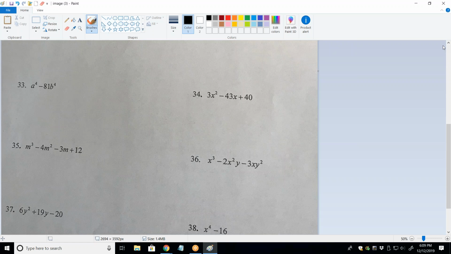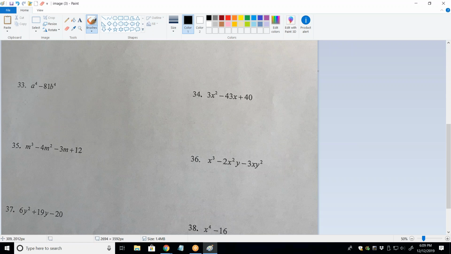33. We do not have a formula for difference of perfect fourths. However, we can view this as difference of perfect squares. You see why? Yeah. So how is this going to factor?